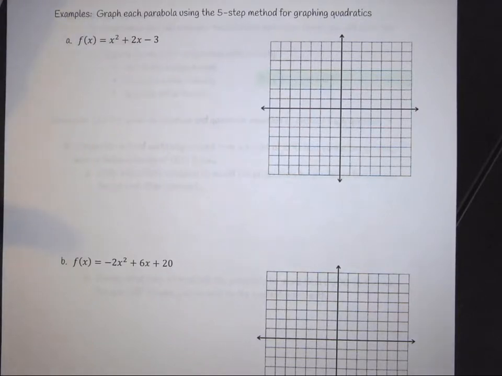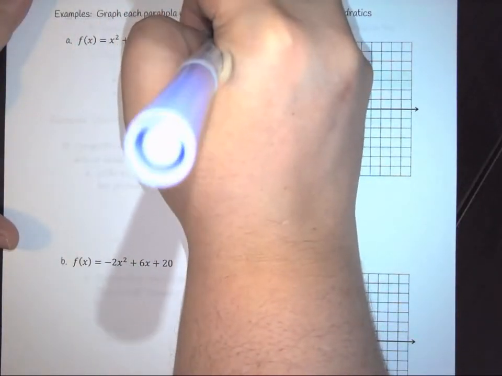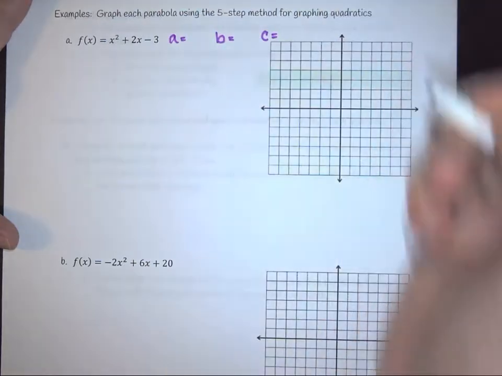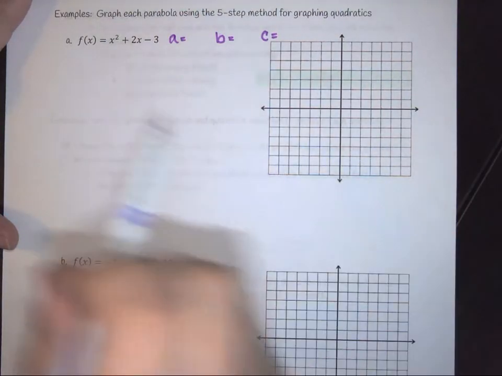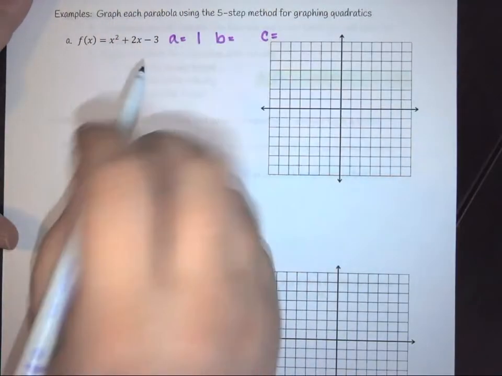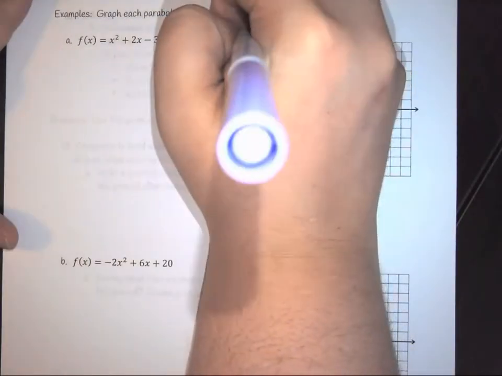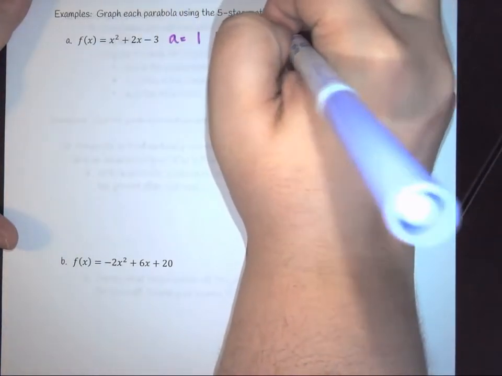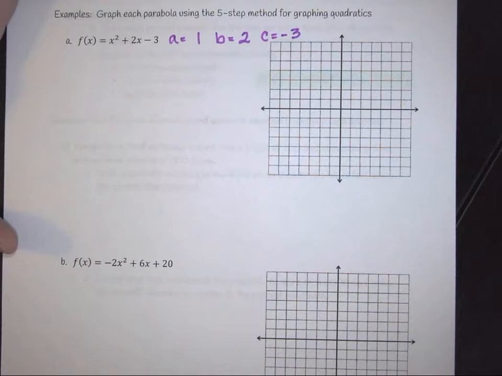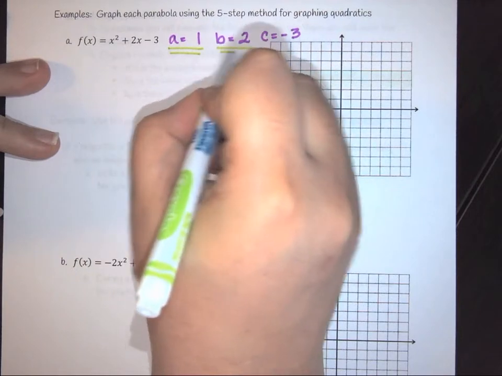Therefore, the first thing I want to do is identify my A, my B, and my C. So here, A is my coefficient attached to x squared, and it's a 1. My B is the coefficient attached to my x term, which is a 2. And my C is the constant, -3. The pieces that are the most important for solving our problem are going to be the A and the B.